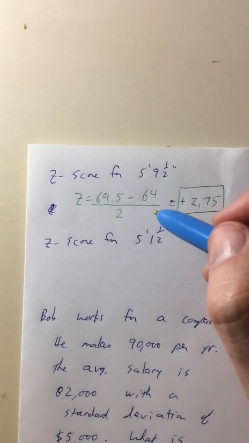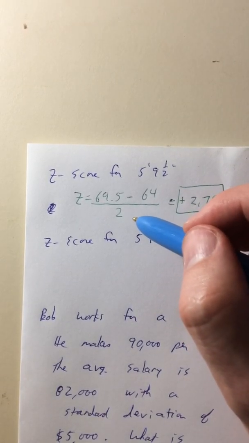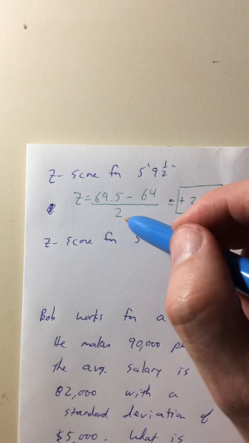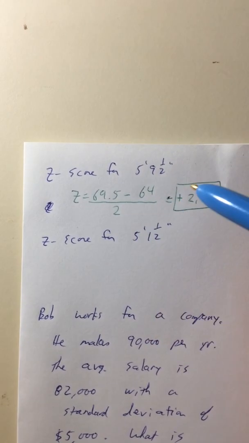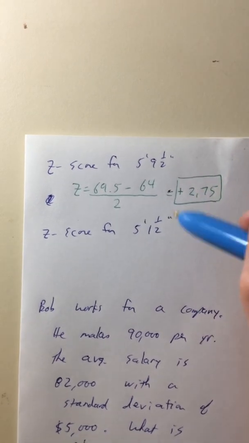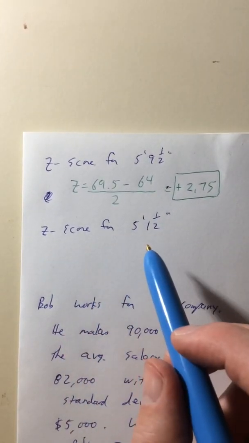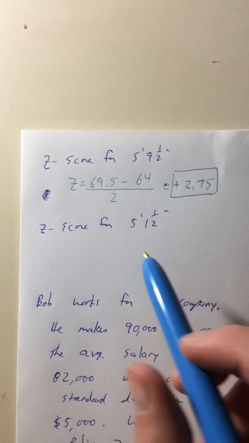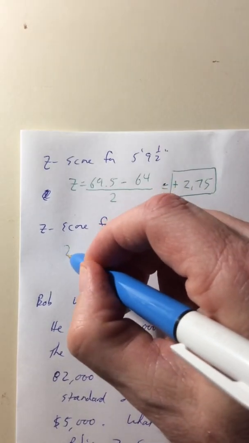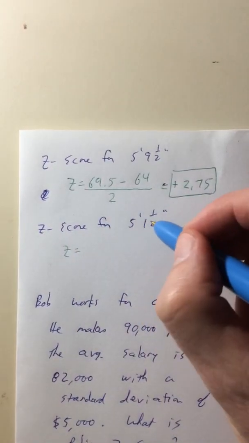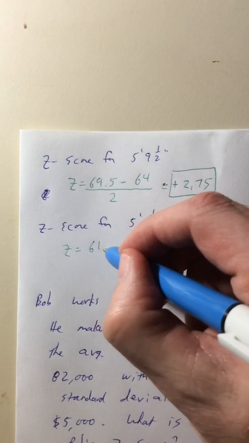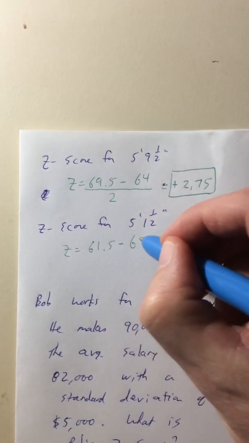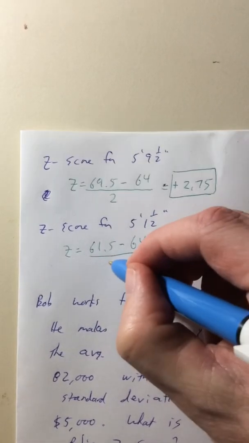And this is all convenient because our standard deviation is 2, but ordinarily our standard deviation would be some crazy number like 3.798 or something like that. It's never going to come out to be something like this. Well, in this case, it did. So the z-score for 5 feet 1.5: 61.5 minus 64, still divided by 2.